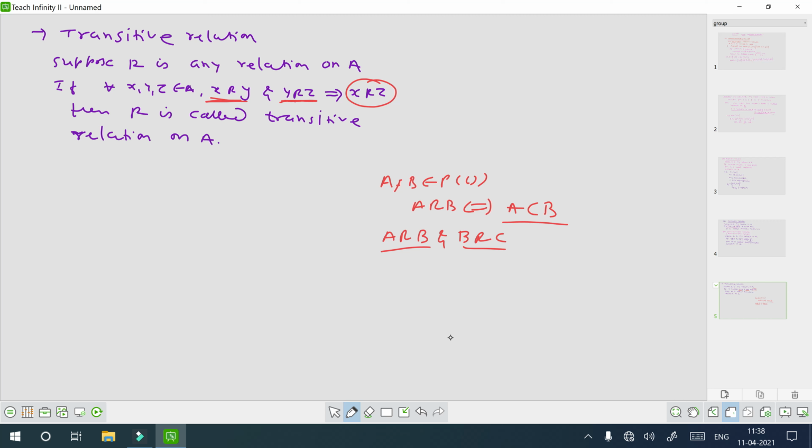If any one of them is not there, then we have to accept it as transitive without proof. We check this only when both are there. Keep that in mind.